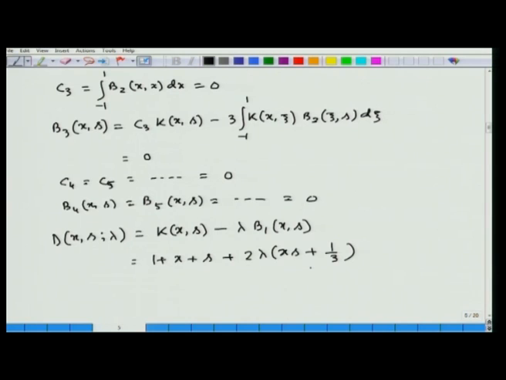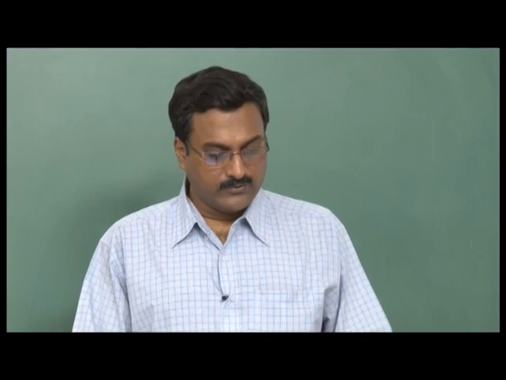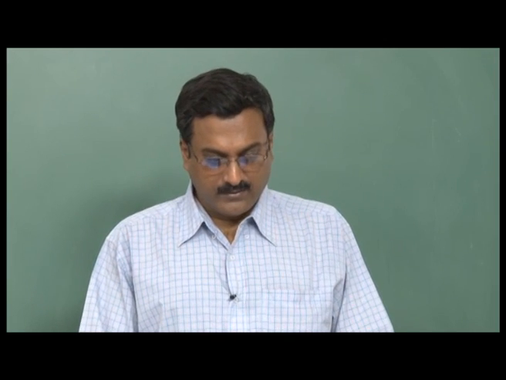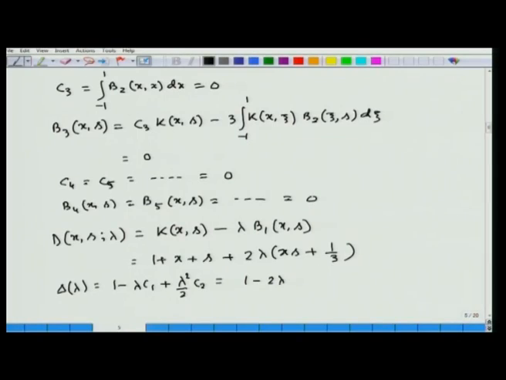So, this is actually your D(x, s; λ), and Δ(λ) will be equal to 1 − λc1 + (λ²/2)c2, and the rest of the terms c3, c4 are all identically equal to 0. Therefore, we will have 1 − 2λ − (4/3)λ². So, this is the expression for Δ(λ).